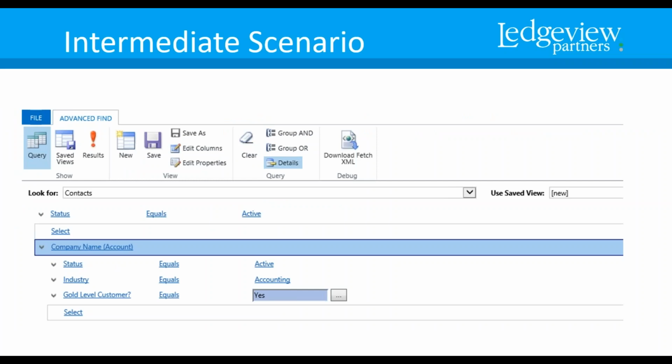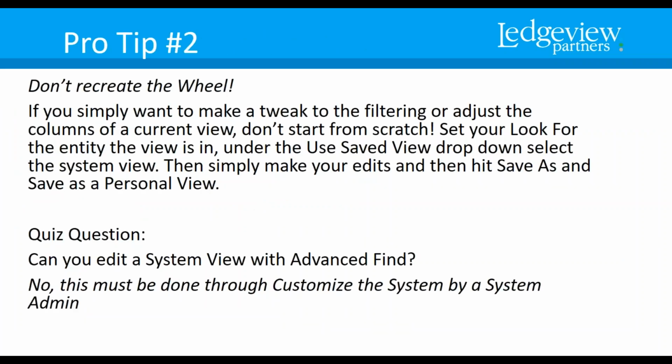And there's your filtering to refer back to. So another pro tip, don't recreate the wheel. If you simply want to make a tweak to the filtering or adjust the columns of the current view, set your look for to the entity, and then right next to that, right across, is a use saved view.